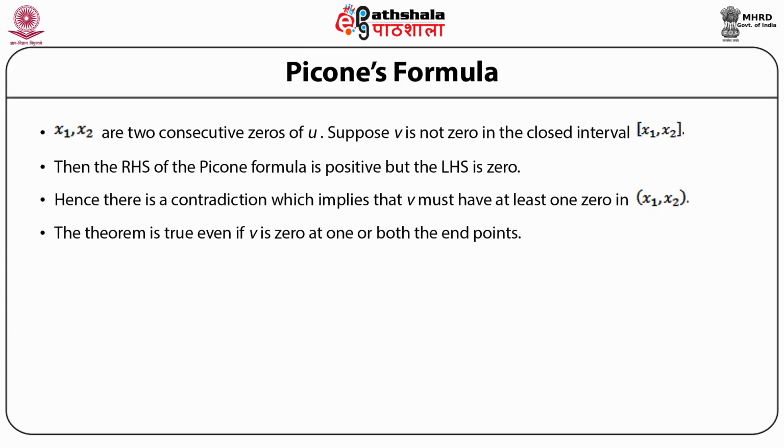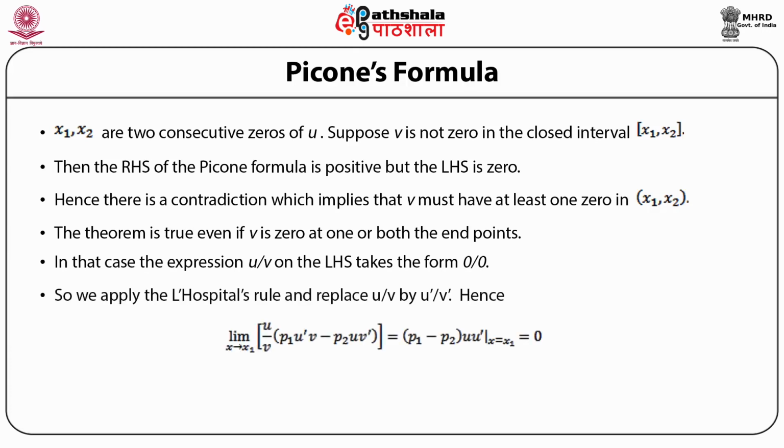Suppose v is 0 at x1. In that case, the expression u by v on the left hand side of the equation takes the indeterminate form 0 by 0. So, we apply L'Hospital's rule and replace u by v by the limiting value of u prime by v prime. This quantity is not indeterminate since u prime and v prime cannot be 0 where u and v are.